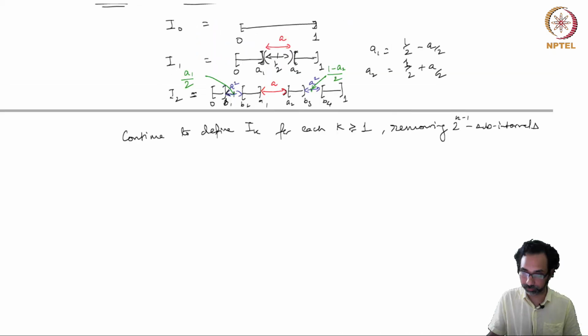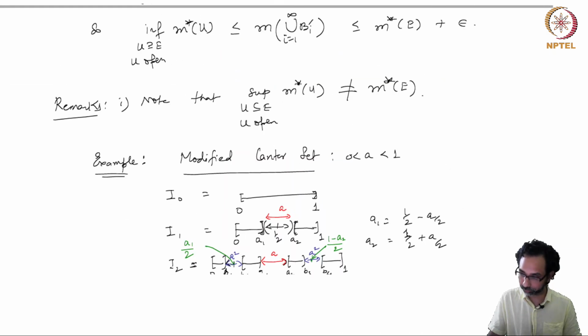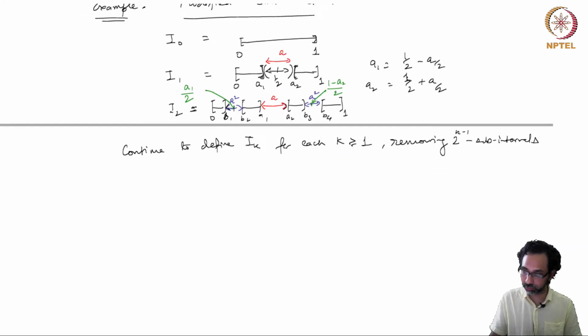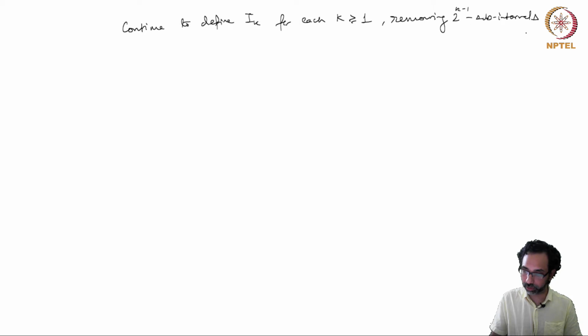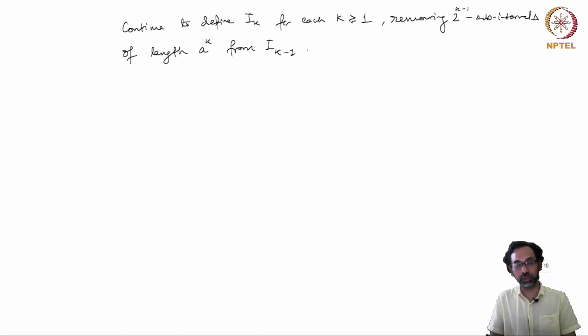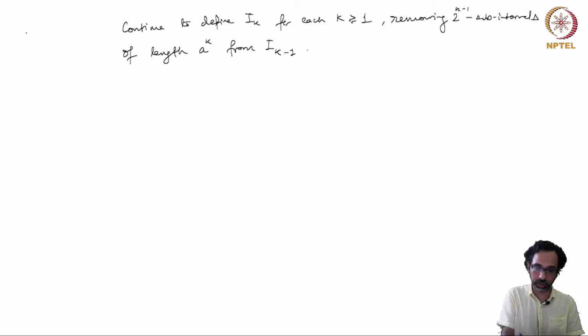So for example, at the first stage this is 2 to the power 0, so one interval. At the second stage it's 2 to the power 1, so 2 intervals, and at the kth stage you will remove 2 to the power k minus 1 subintervals of length a to the power k from I k minus 1. So we have recursively defined what is Ik. This is a recursive definition.